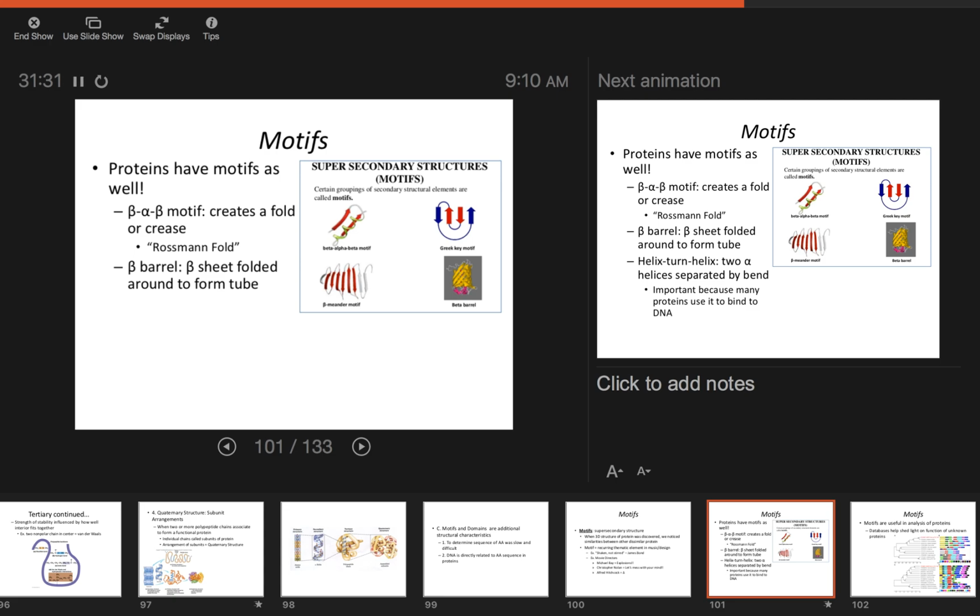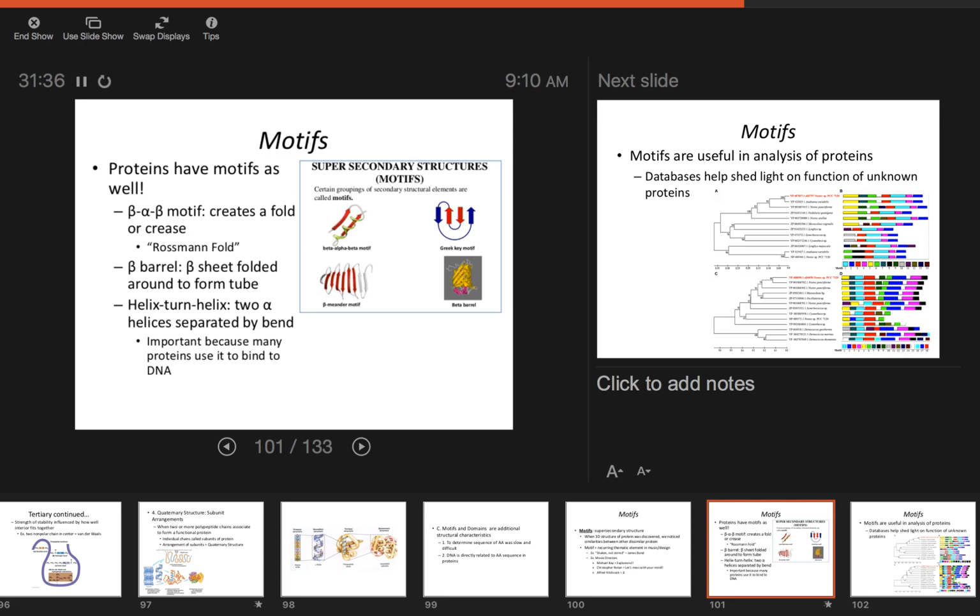And then the final motif that I'll mention, the helix turn helix. Out of all three of these, I would say the beta barrel and the helix turn helix are probably the most important. Helix turn helix helps proteins bind to DNA to turn on and off genes.